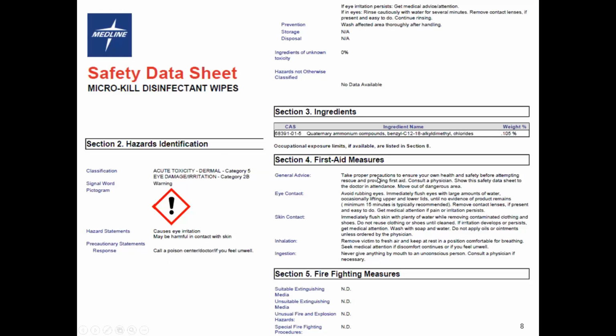So general advice is take precautions to ensure your own health and safety before attempting rescue and providing first aid. Avoid rubbing your eyes, immediately flush eyes with large amounts of water. So, I mean, these wipes, we are constantly using them, right? It's happened to me before where I'm scrubbing the head wires. How we clean them in the lab is we actually stopper up the sink and fill it up with the chemical cleaner and hot water.